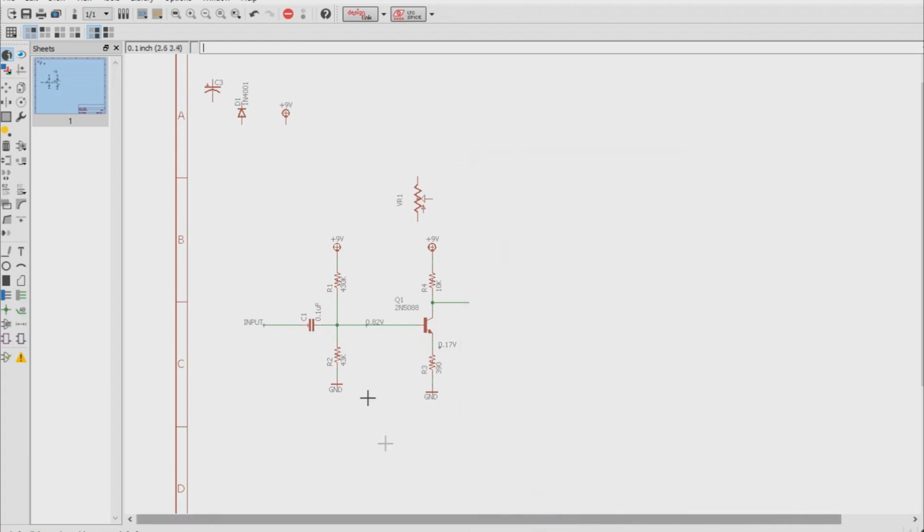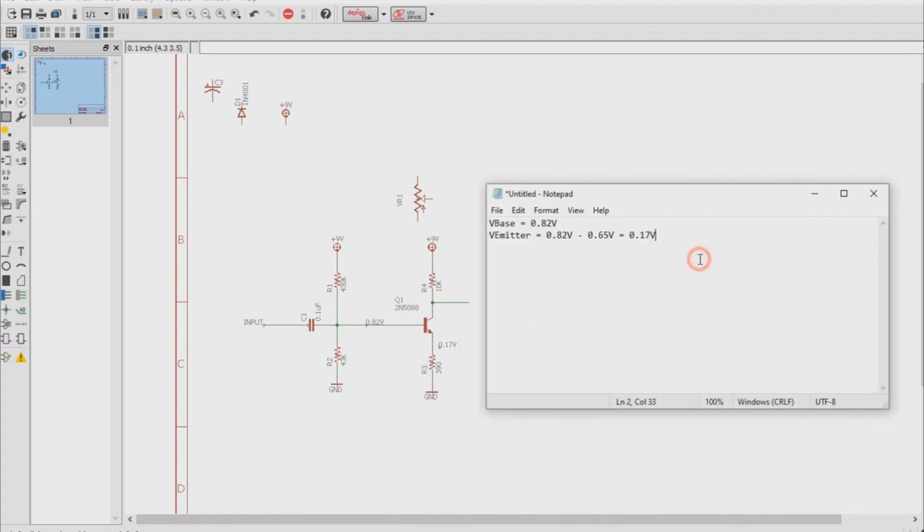Volts and apply. All right. So now we know that. Now what we need to know is what the current going out this emitter pin is going to be. So the current, the I, if you will, let's use Ohm's law. Current is going to be equal to voltage over resistance.